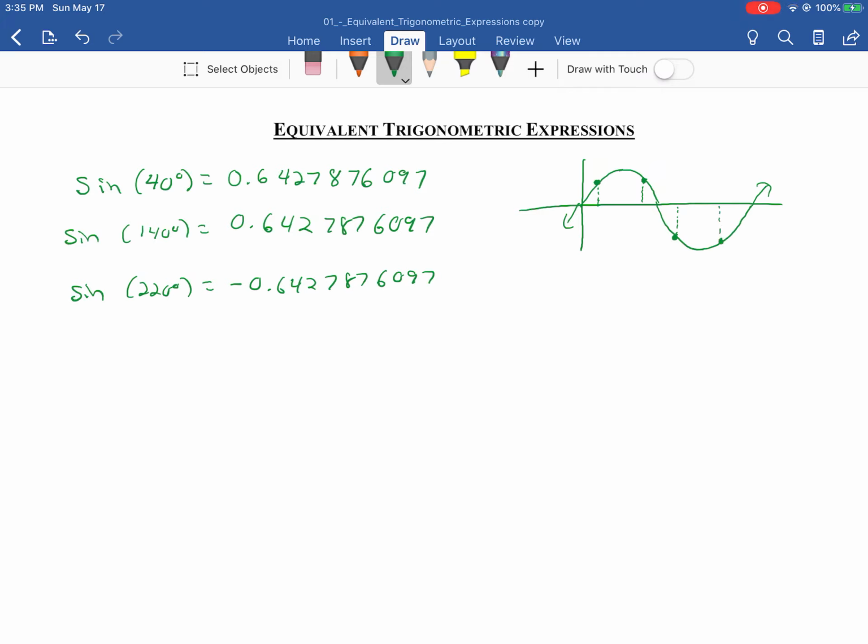I think that next answer is going to be at sine of 320 degrees. If you type in sine of 320, there it is, negative 0.642787697. See, exactly the same answers. It's just that they've changed from positive to negative answers.